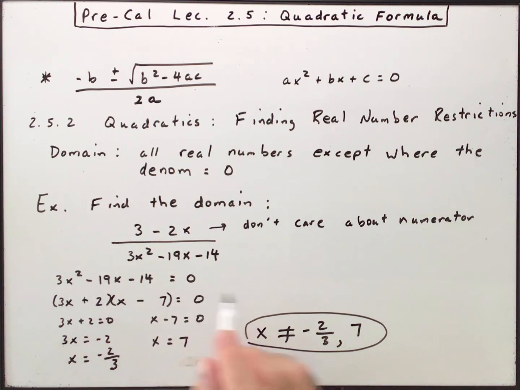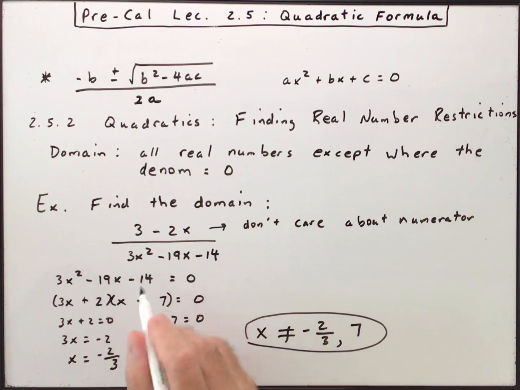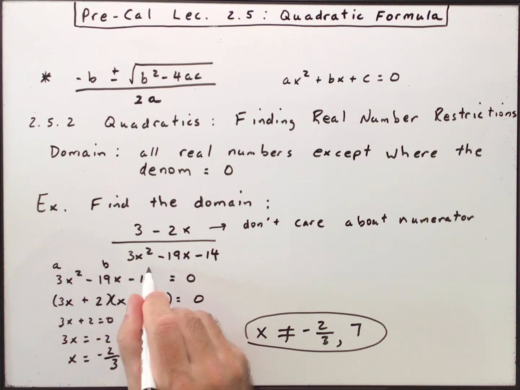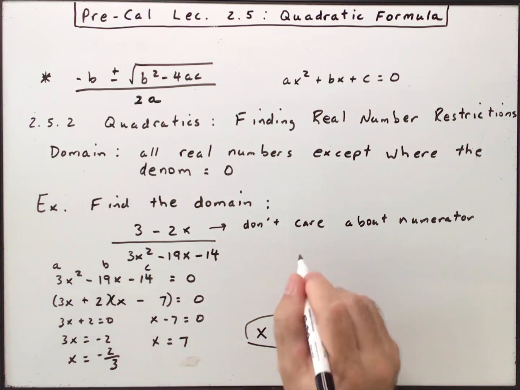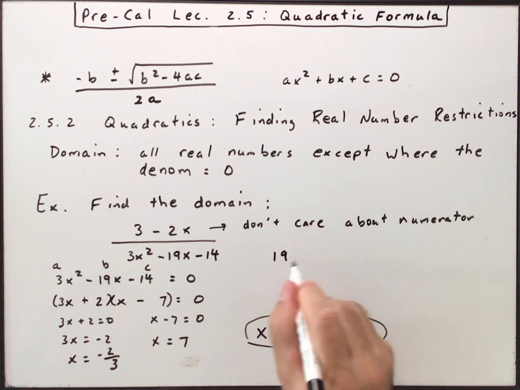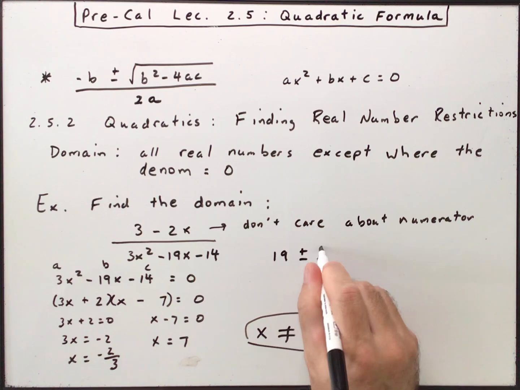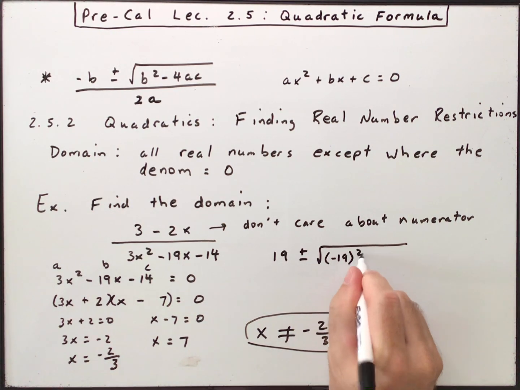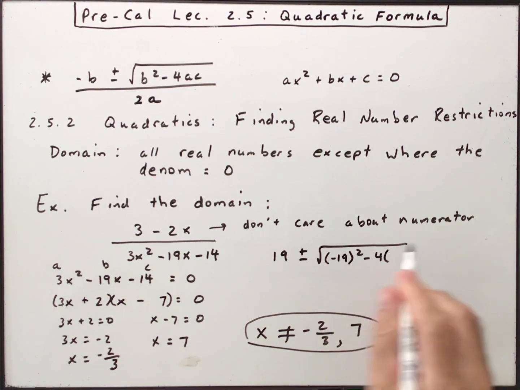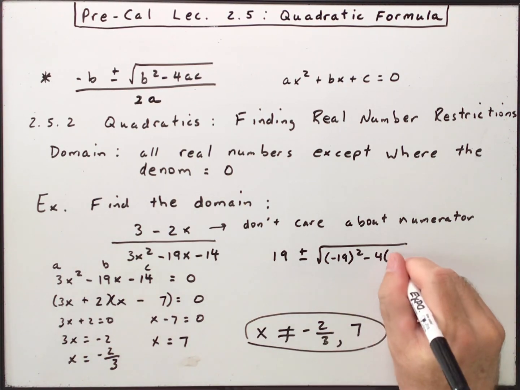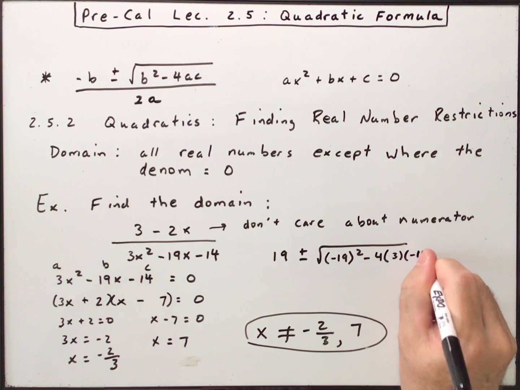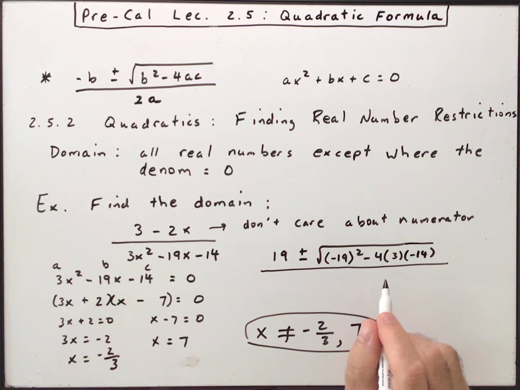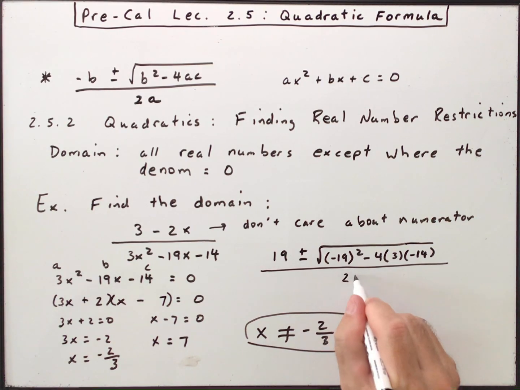Now, if you were to put this in the quadratic formula, 3 would be A, negative 19 would be B, negative 14 would be C, and you would have positive 19 plus or minus the square root of negative 19 squared minus 4 times 3 times negative 14, over 2 times 3.